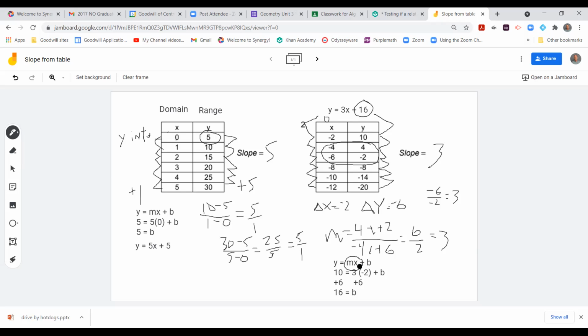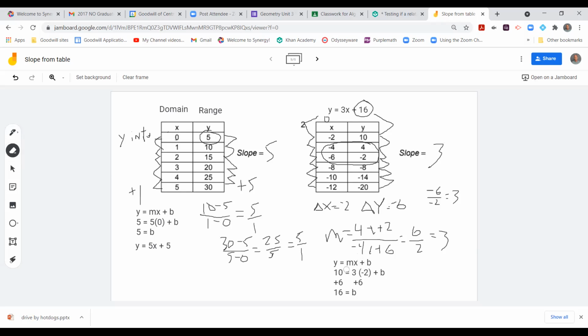Would you do the 6, when you do 3 times 2, 6? Then you add 10 plus 6 is 16, and then you did b. What do you do to the 6 that we multiplied? I didn't do 3 times 2. I think I get what she's saying.